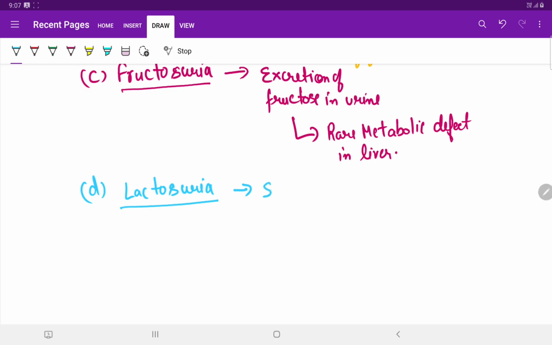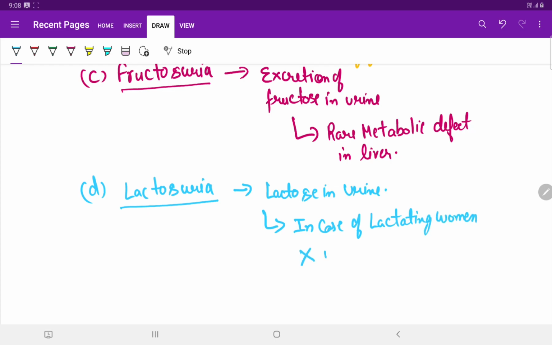So this is the presence of lactose in urine, only in case of lactating women, but not in case of pregnancy.